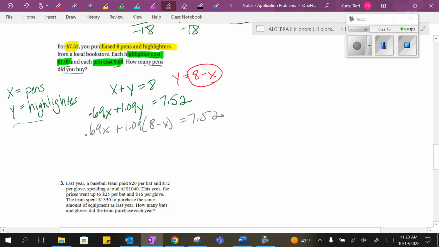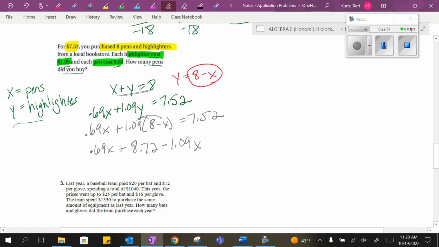equals 7.52. If you notice, I chose this one to do substitution. If I use substitution on the other one, I would have ended up having to divide by decimals and all of that. So that just would have been too much extra work here. If I complete this one, I say 0.69x plus 1.09 times 8 gives me 8.72 minus 1.09x.